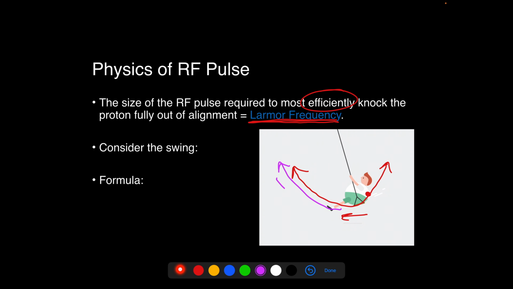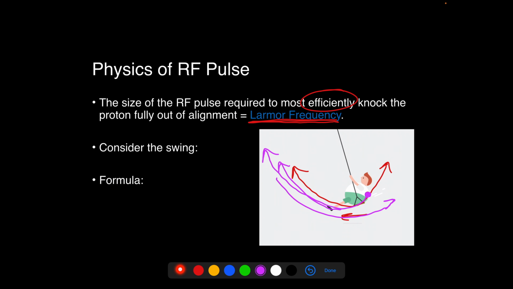And then let's say they come back again, and then you push them here again. The next time they're going to go even higher. And it's the same idea here. If we use a radio frequency pulse at the Larmor frequency, we knock the proton out of alignment in the most efficient way.